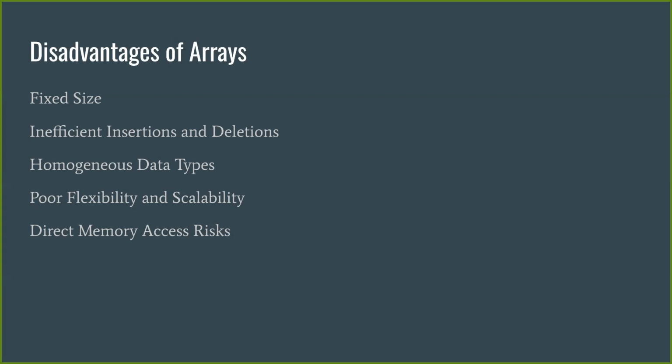And direct memory access risk. Direct memory access can be thought of as an advantage due to its performance, but with modern-day application software, it also poses a risk because incorrectly accessing memory locations happens a lot.